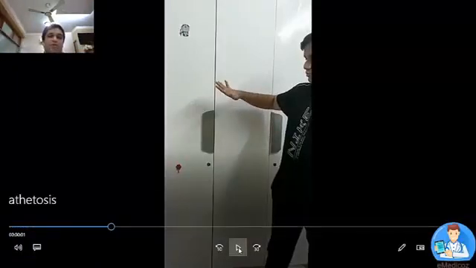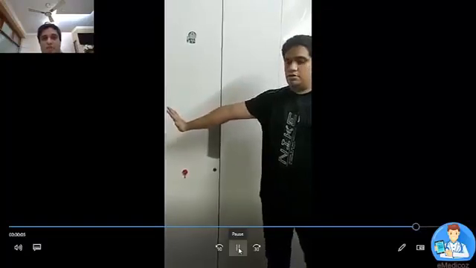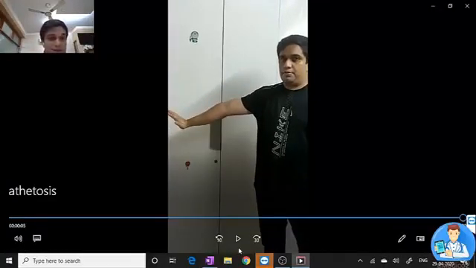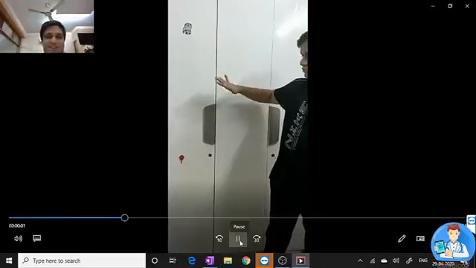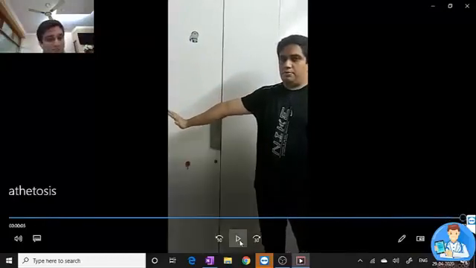If I'm having athetosis somewhere in the distal half of my body, my hand is going to move like this. It's a slow crawling kind of a movement that you see. Okay. So it was like a snake that was trying to move on a floor. When I see a snake moving on a floor in a three-dimensional view, it moves like this. So it can be a creepy or a snake-like movement that is happening there, right? In the distal limb. That's the athetotic movement.